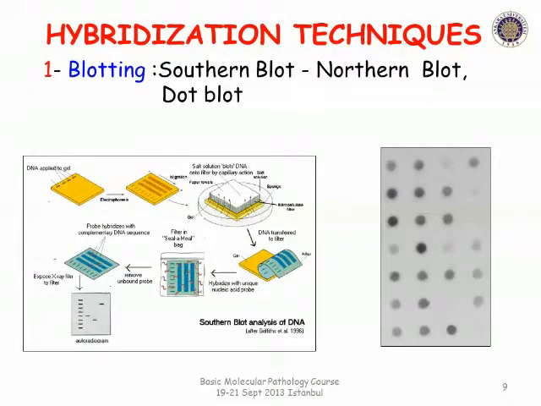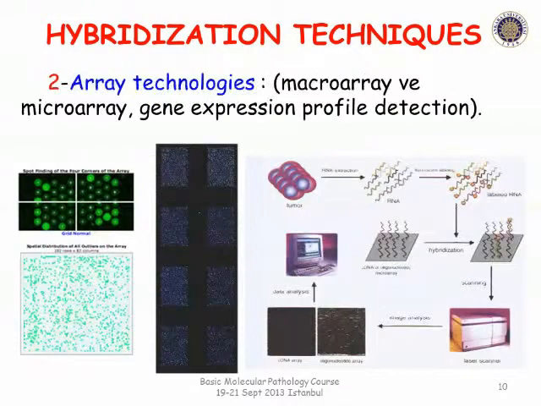Blotting technique, as was explained to you before by Gaye: you fix your target sequence on a membrane, and then you apply your probe to this membrane, which is suitable for visualization.